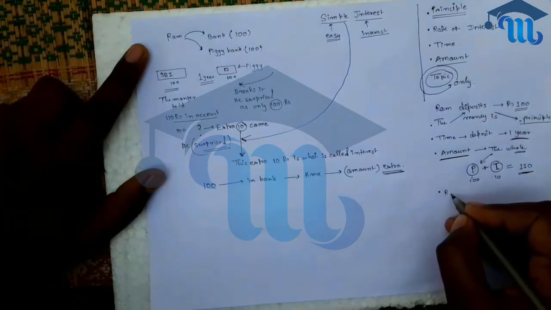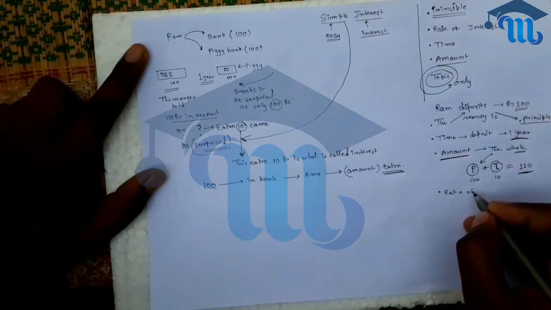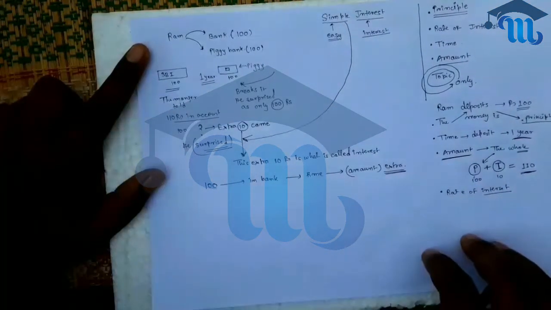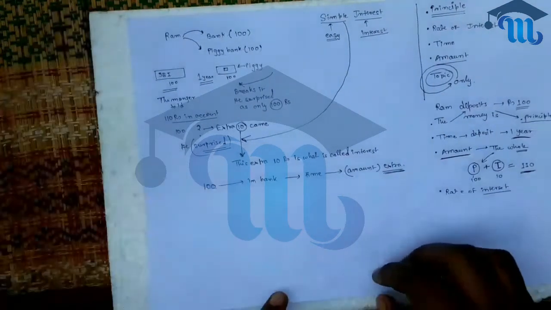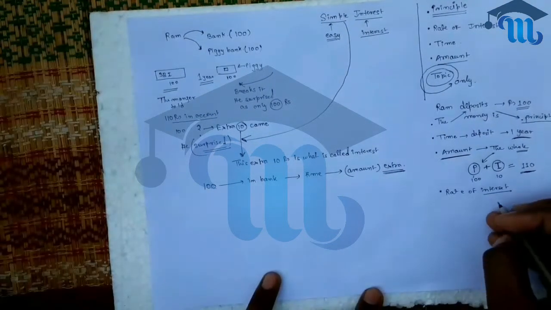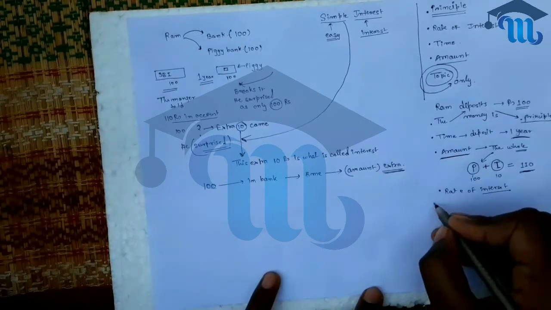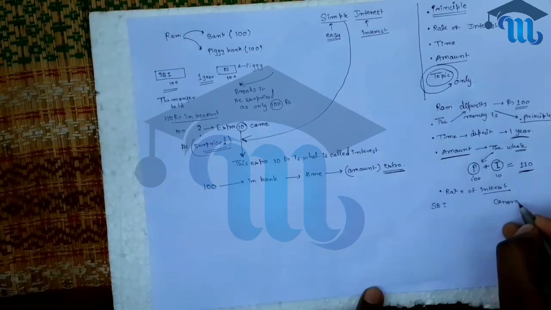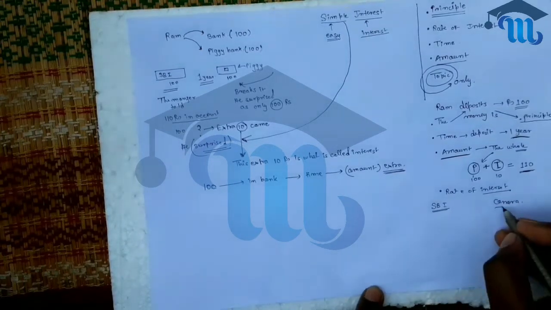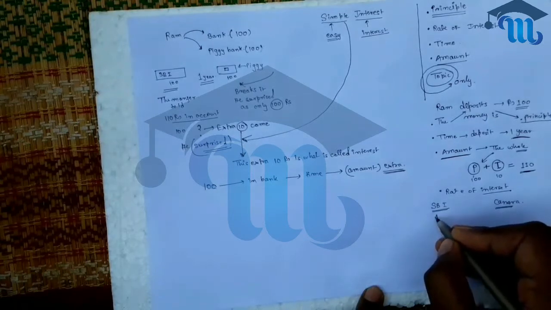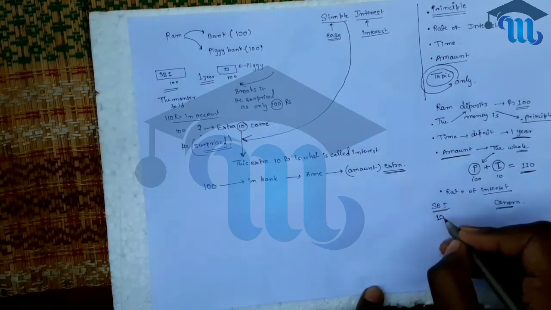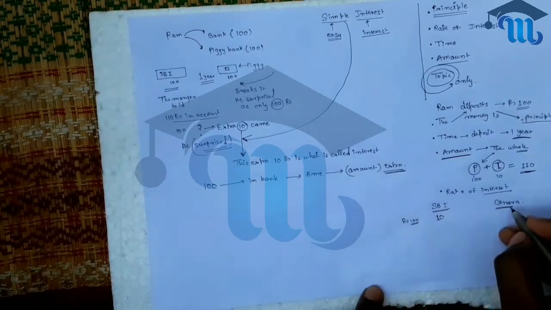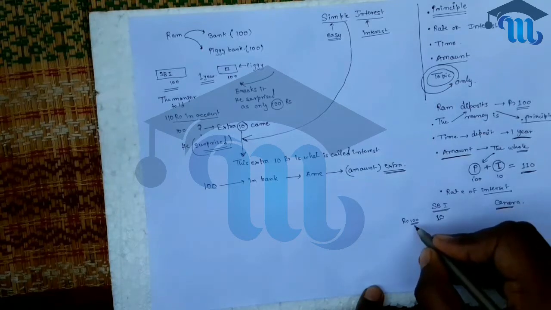Rate of interest. What is rate of interest? Now, you go to SBI Bank and Canara Bank. The SBI Bank manager tells you, I will give you 10 rupees extra when you deposit rupees 100 for 1 year.